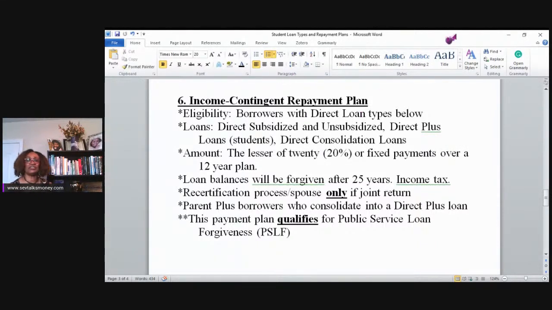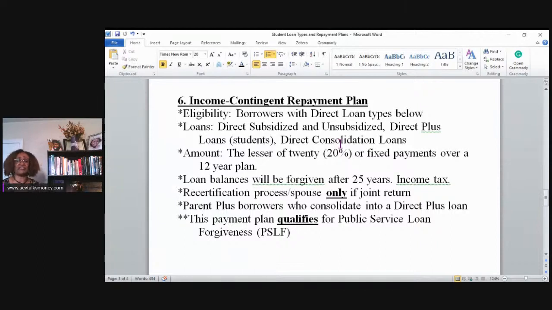So income contingent repayment plan, again, borrowers with direct loan types, which are listed below, would qualify. The payment amount is the lesser of 20% or fixed payments over a 12-year plan. And that means they'll take 20% of your loan, and they'll take the fixed payments over a 12-year plan.